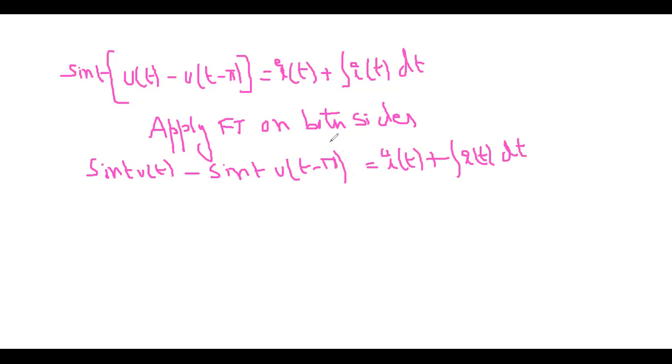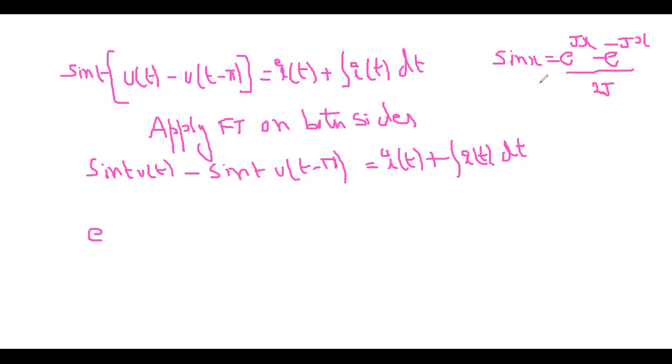After applying the Fourier transformation on both sides, sin t mu of t, we already know the sin t. Let us see here, I will write sin x is equal to e power jx minus e power minus jx by 2j, my dear students.